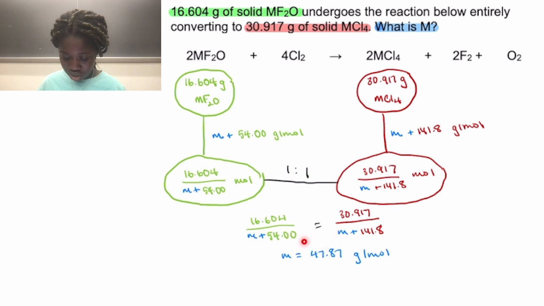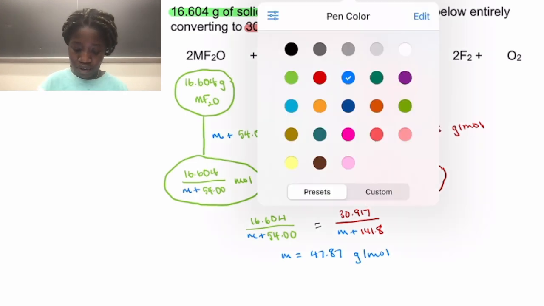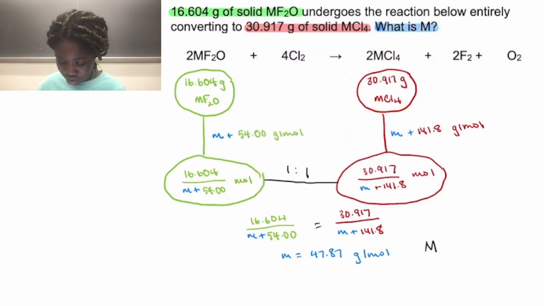This is the atomic mass of big M. And so now our final step is to go to the periodic table and determine what element has an atomic mass of 47.87. And when you do that, you will find that M is titanium.